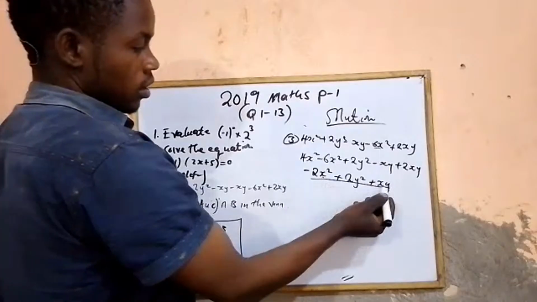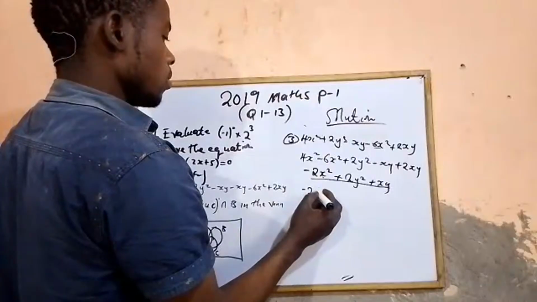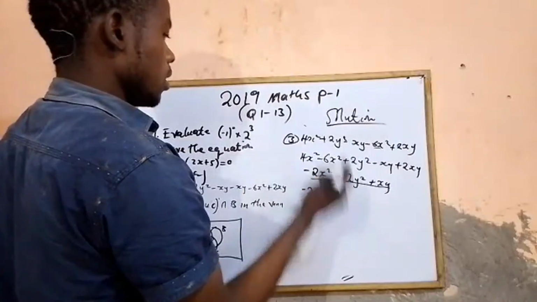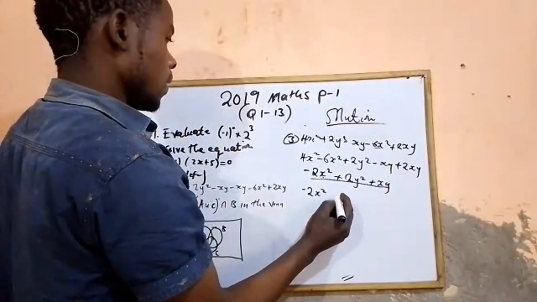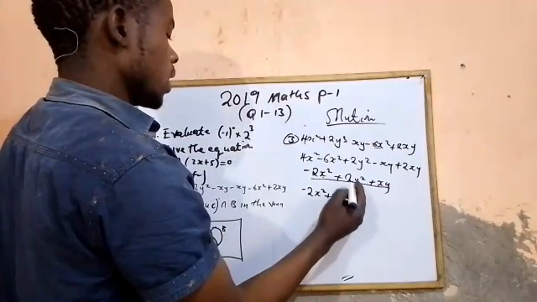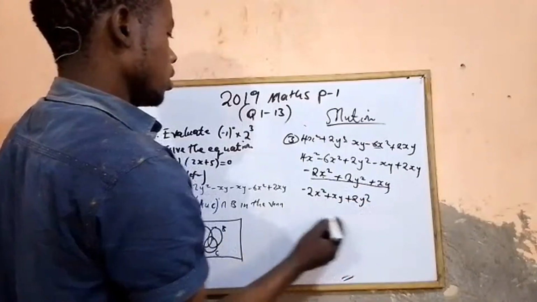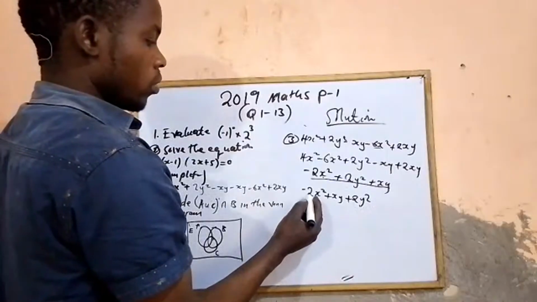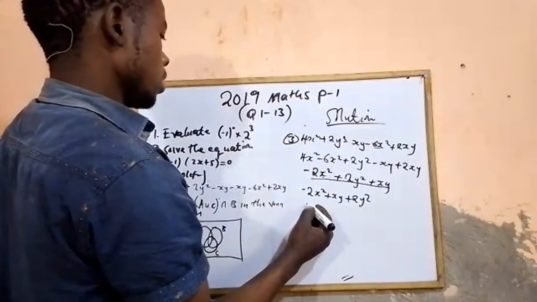We have x and x here, so I'm going to say minus 2x squared, then plus xy plus 2y squared, in which what is common here is x.